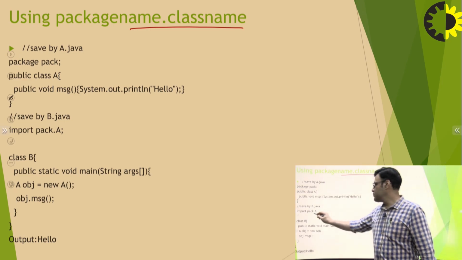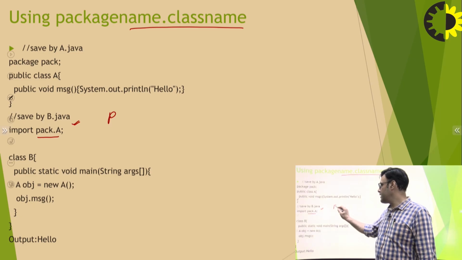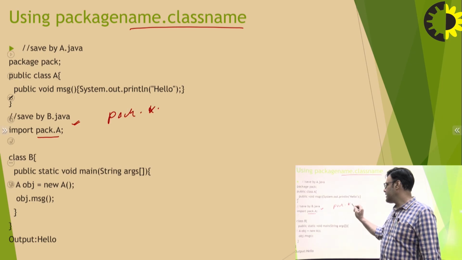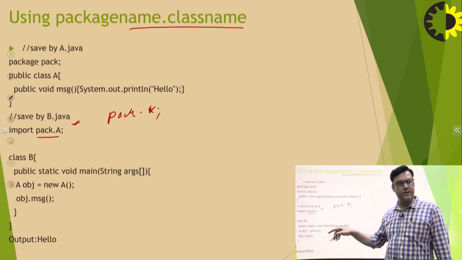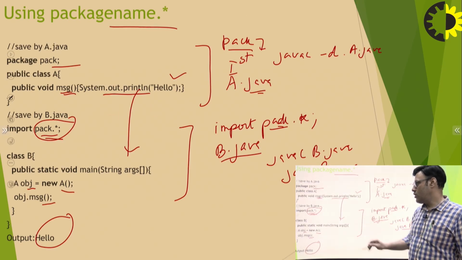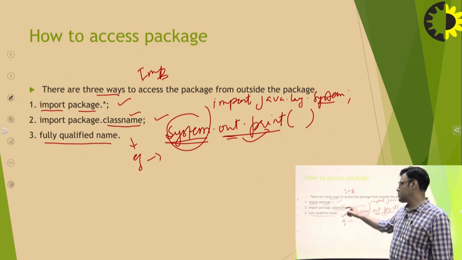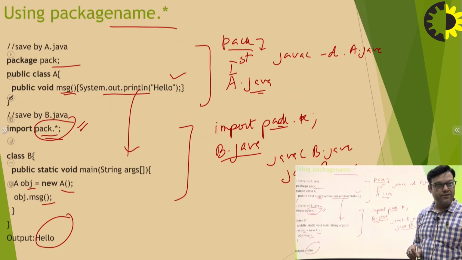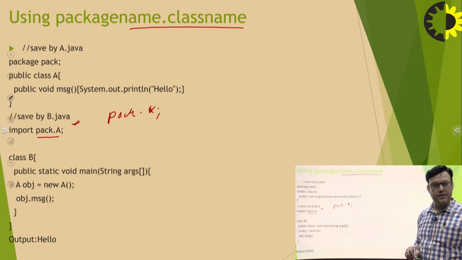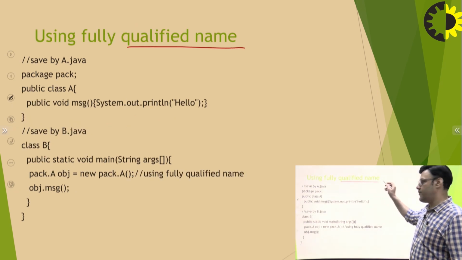So what I have used here: I used pack dot a before, I was using pack dot star, now I am using pack dot a. In the same program, everything remains the same, only the difference is here. Okay, so this is import package dot class name. This is the second way how we can access a package. Okay.